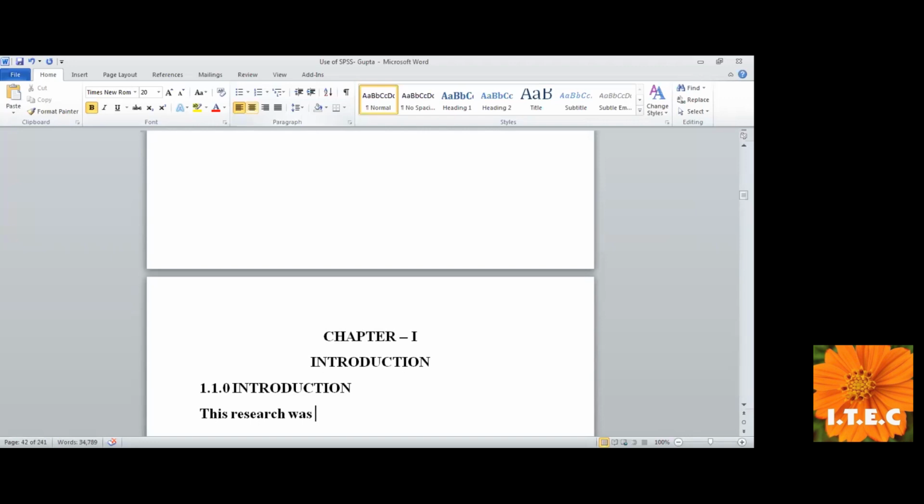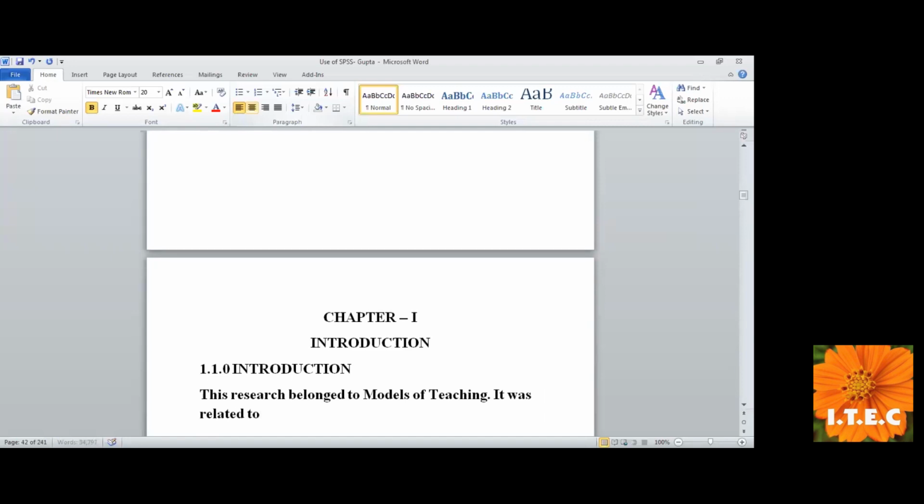This research was related to, this research belonged to models of teaching. It was related to the concept attainment model.